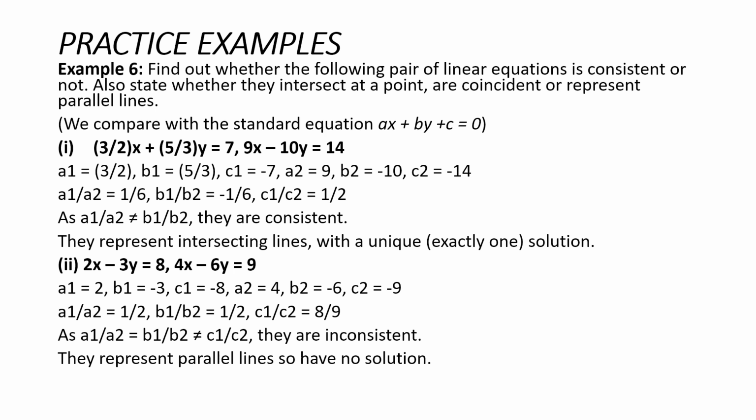Here a1 upon a2 is half, b1 upon b2 is also half, but c1 upon c2 is 8 upon 9. That means over here we have seen last time the condition a1 upon a2 is equal to b1 upon b2, but both are not equal to c1 upon c2. That means the system is inconsistent. They represent parallel lines. They will never intersect. So there is no solution.